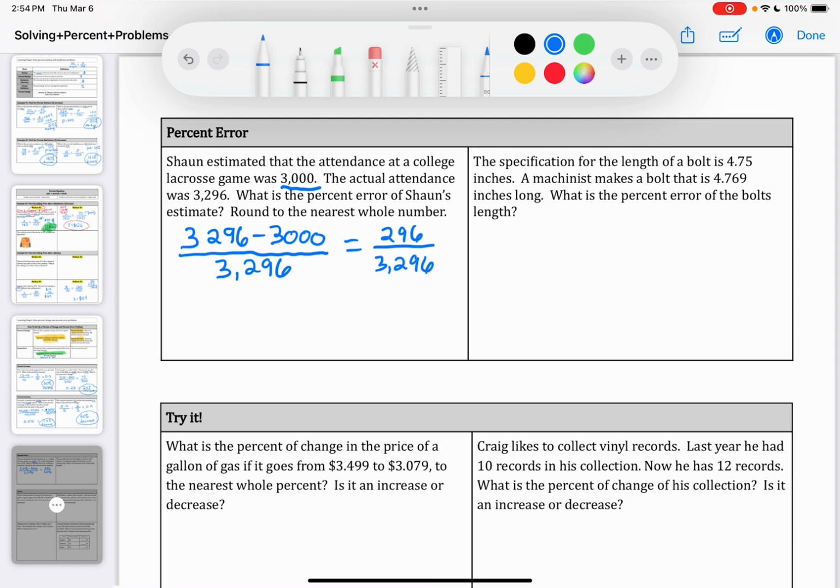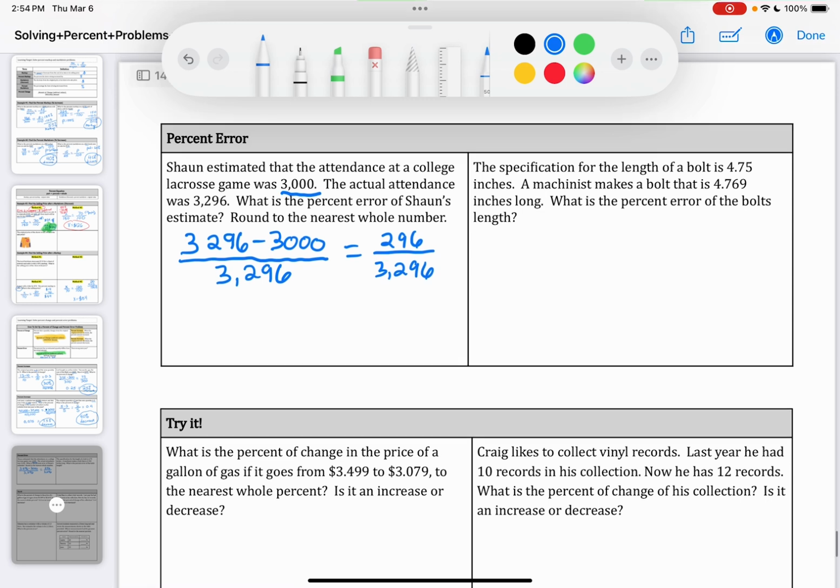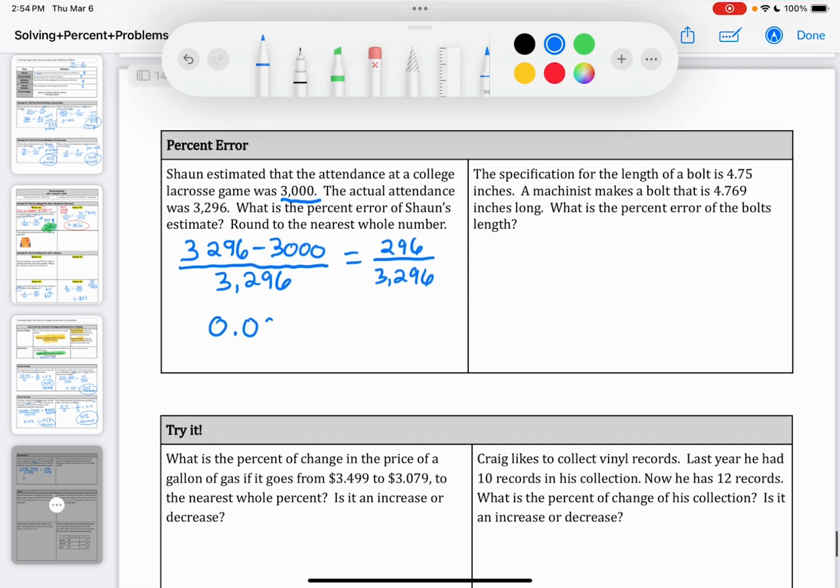I got 0.0898, and then it keeps going. If I make that a percent, I get 8.98%. So that is going to round to 9%.